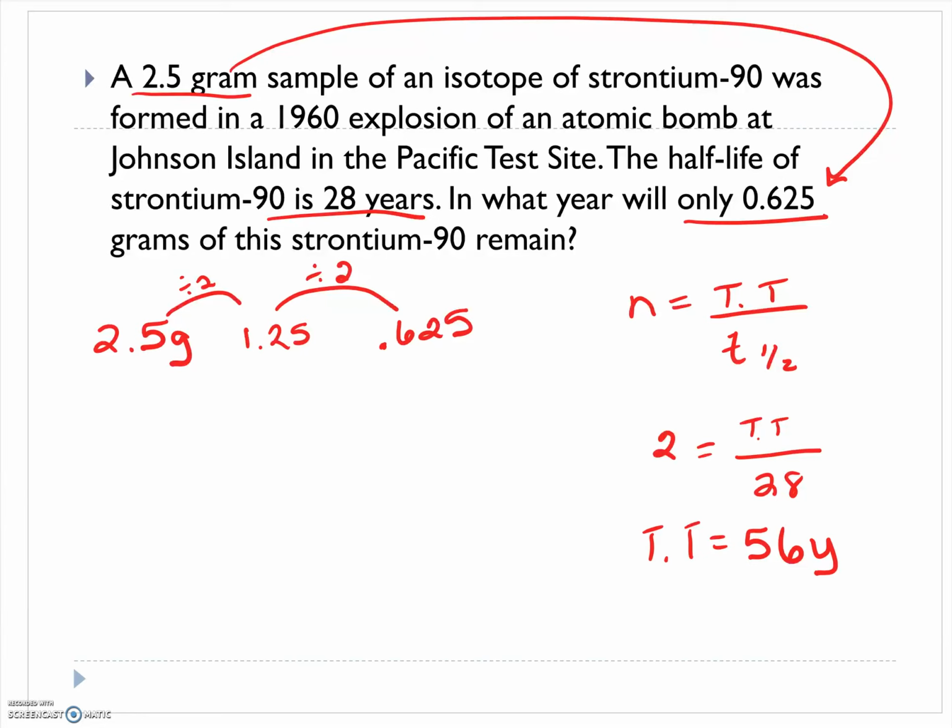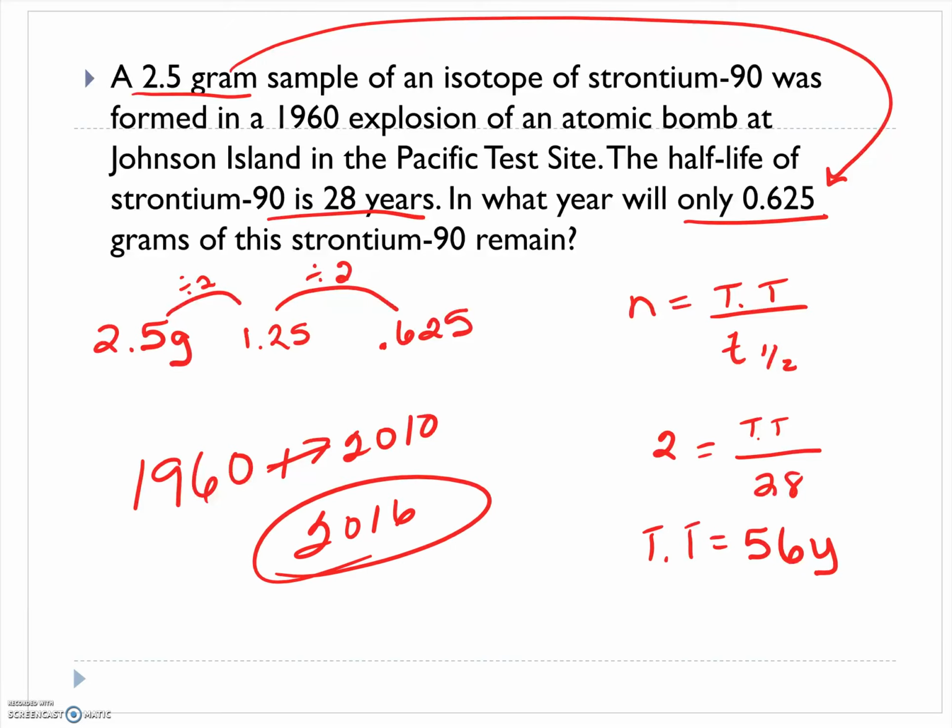So how am I going to figure out the time? So we start off at 1960. If we add 50 years to 1960, that's going to get us to 2010. We add another 6 years, it gets us to 2016.